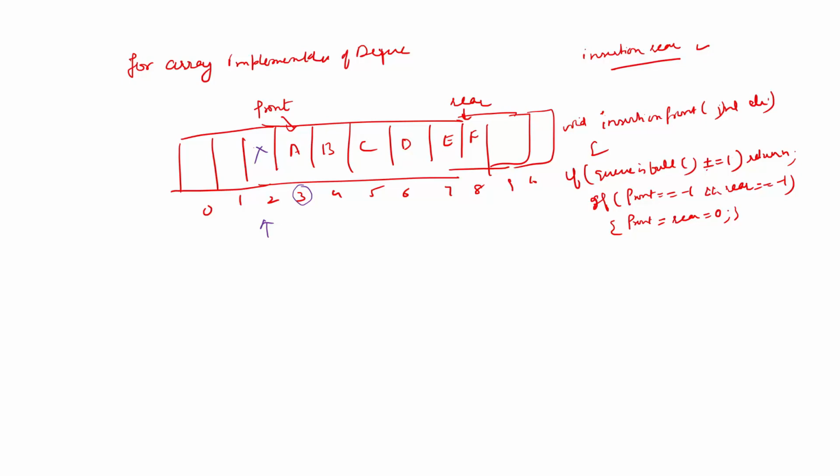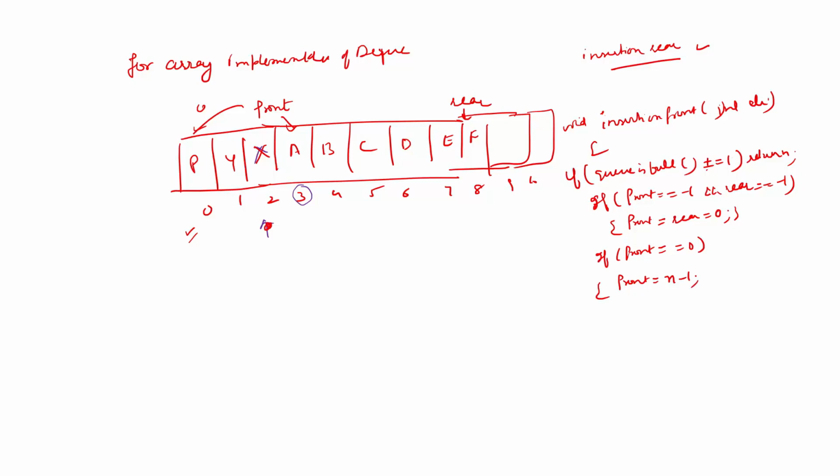Let us suppose at some moment these elements x, y and p were already filled in, and at this moment front was equal to 0 and you want to perform insertion further from the front. As you know, if front is equal to 0, and that means the queue is not full, set front equal to n minus 1.